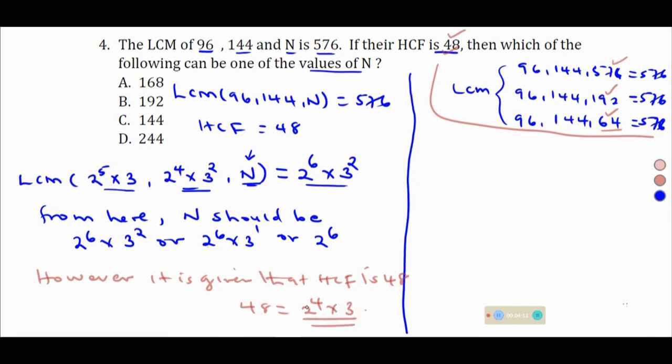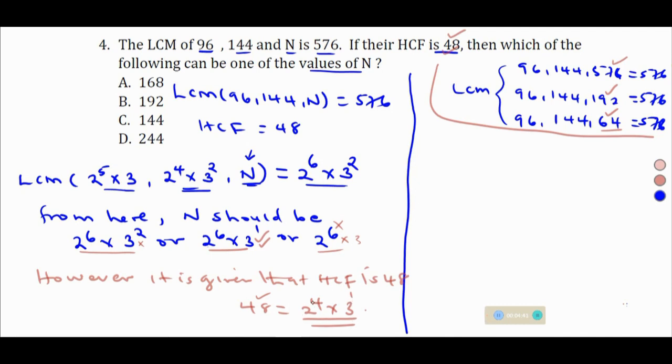So when you look at 2 to power 4 times 3, which gives us 48, then look at all the alternatives that we are having. You realize this one has no 3 here, so it means this one will be out. This is 2 to power 6 times 3 to power 1, which means this one will satisfy. 2 to power 6 times 3 to power 2, this one will not satisfy because this will be 3 to power 2 already, but the highest power of 3 must be 1.